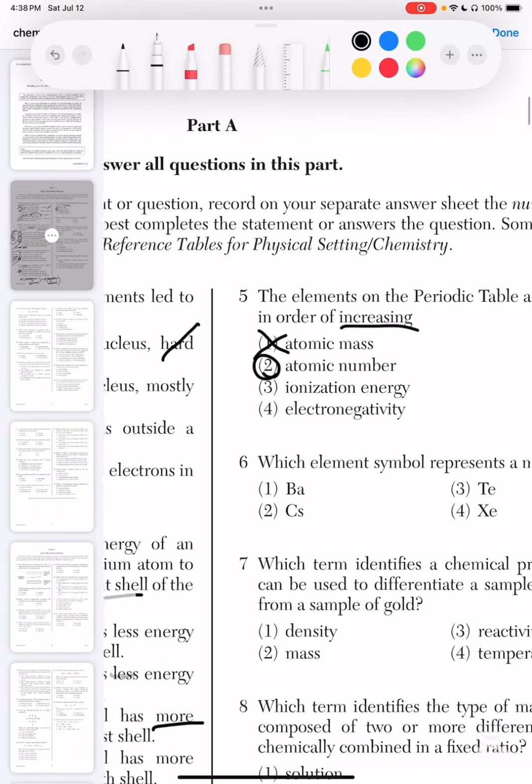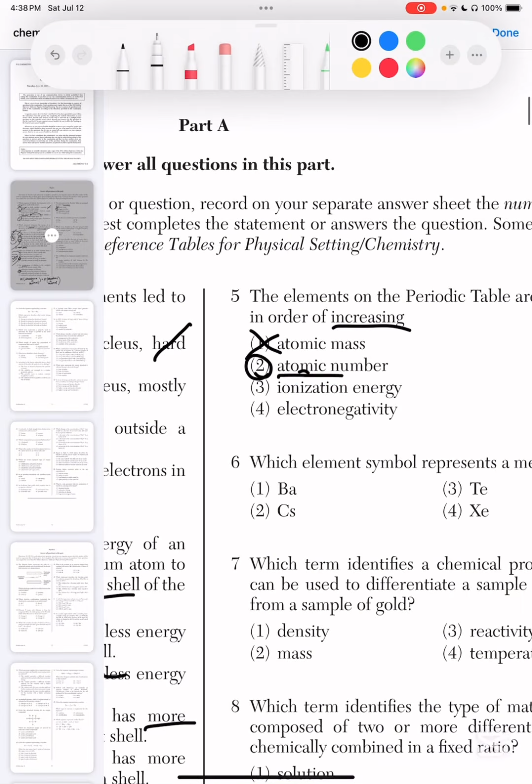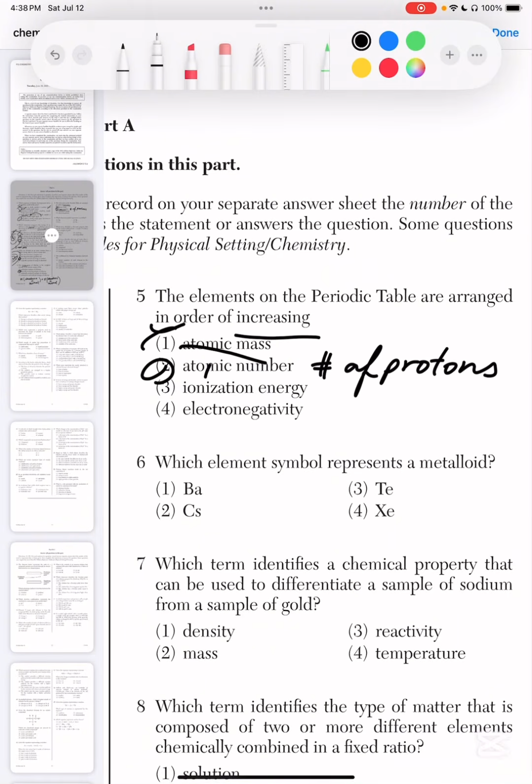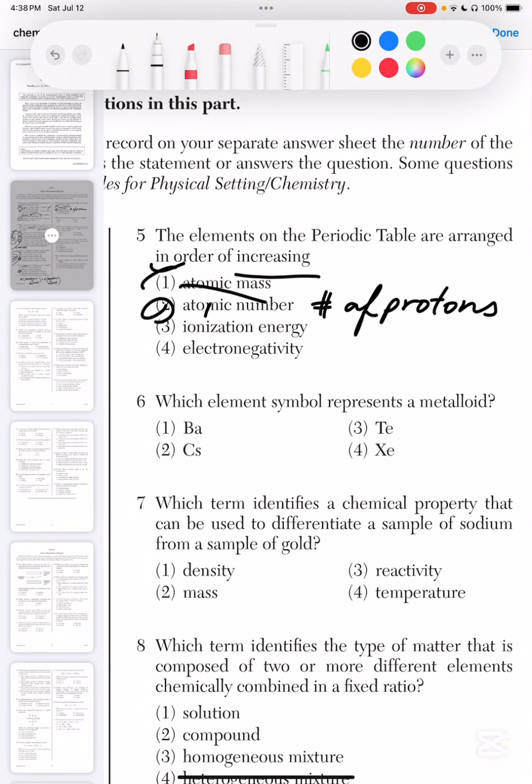And the atomic number is basically the number of protons, which is like the identifying thing for elements, right? Something can have the same number of electrons, it can have the same number of neutrons, that's possible, but two different elements can't have the same number of protons, because they wouldn't be different elements, they would be the same element.